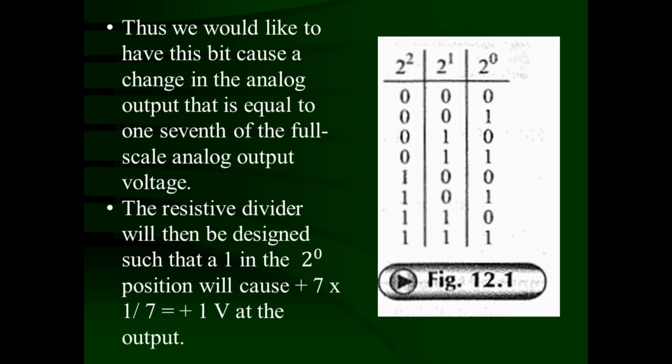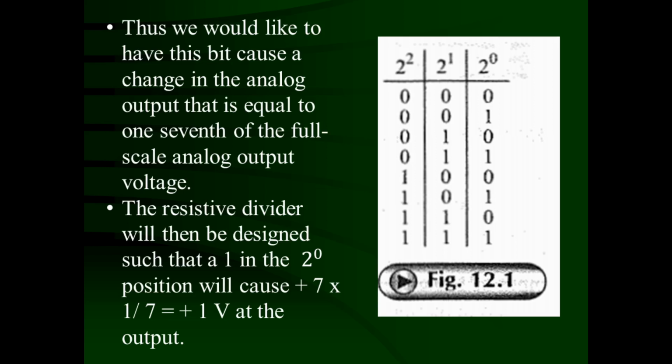So when you make an increment, there should be a change in the LSB, and that corresponds to an output voltage change of 1/7 of full scale voltage. The resistive divider will then be designed such that 1 in the 2 raised to 0 position will cause plus 7 volt multiplied by 1 upon 7, that is equal to plus 1 volt at the output.